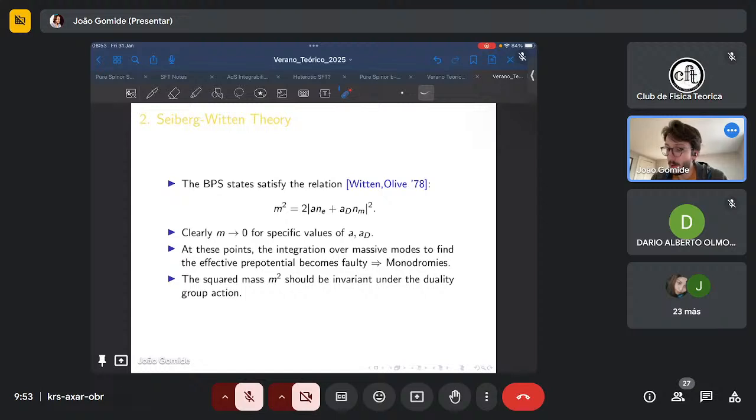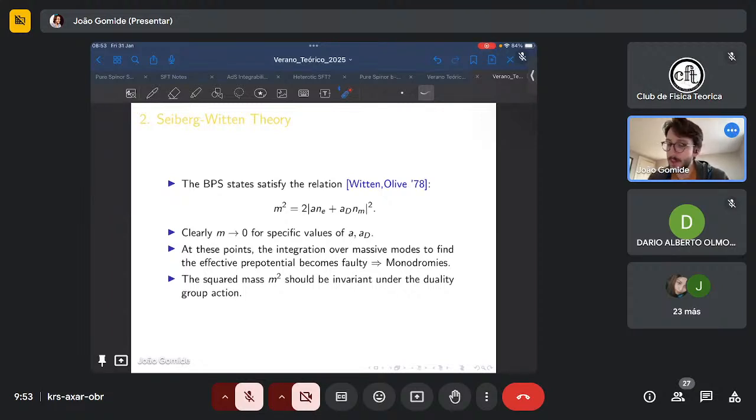Okay, so the thing here is that these guys are massive, but it is very clear from this expression that there may be certain values of magnetic and electric charge and A and A_D for which this mass vanishes.